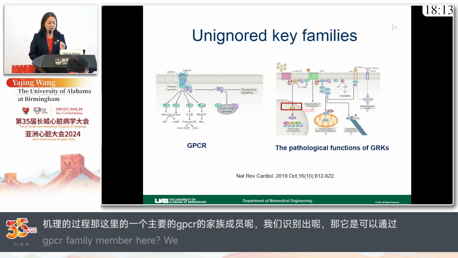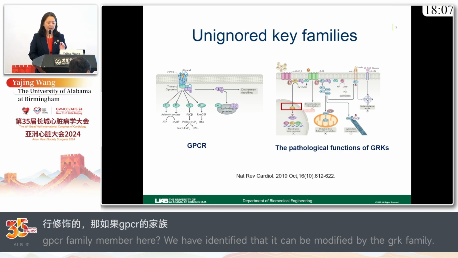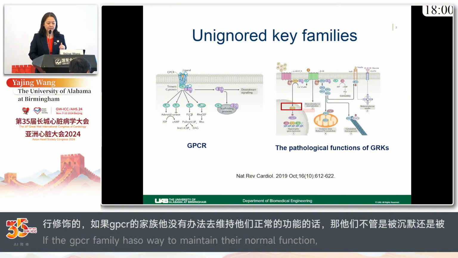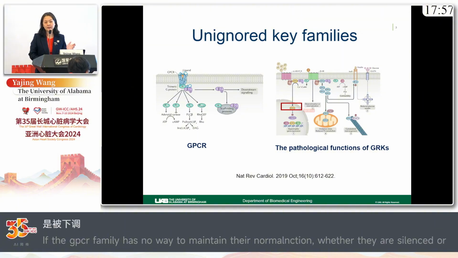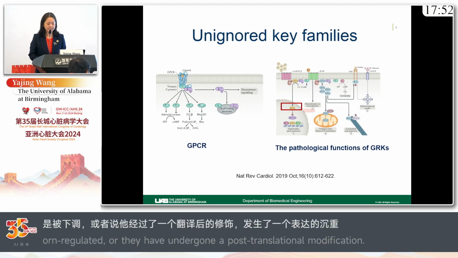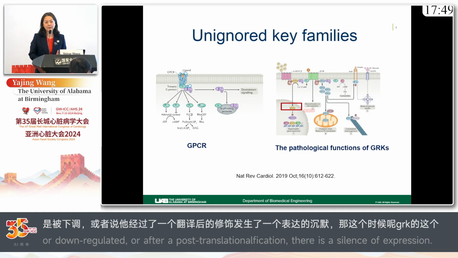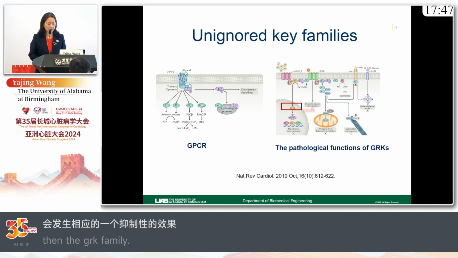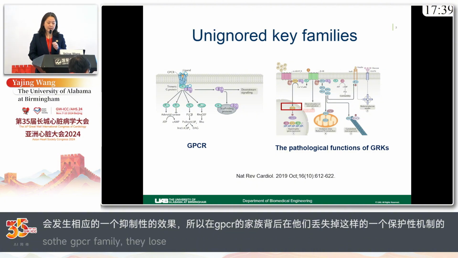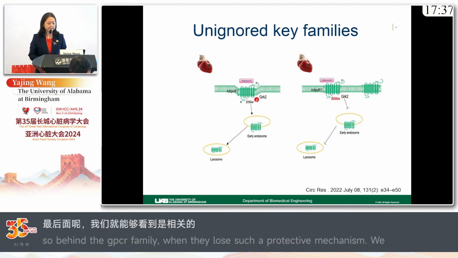If the GPCR family cannot exert its function well, and is either silenced, downregulated, or post-modified, then the response to protective signals will be inhibited. The reason behind GPCR families losing their protective mechanism in diabetic cardiomyopathy is that the GRK families are one of the key players.